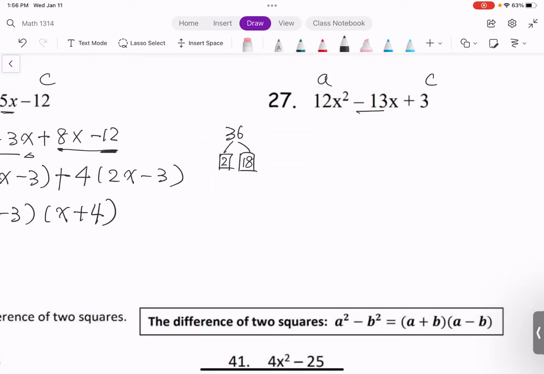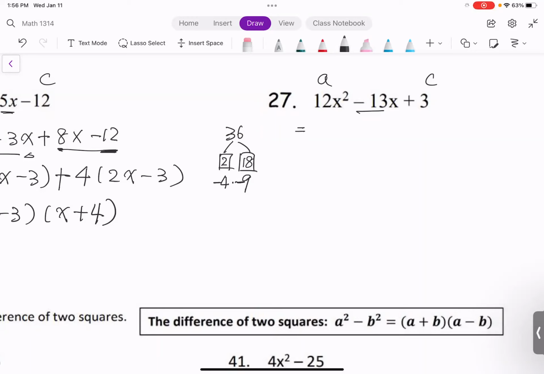No, they don't work. How about 4 and 9? Yes, that works. The multiplication is 36. And how about the addition? The addition is negative 13. So both of them are negative.